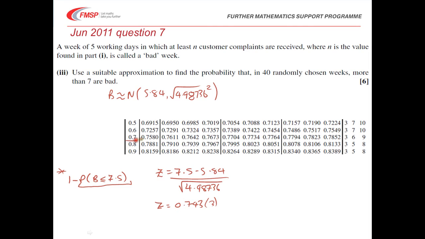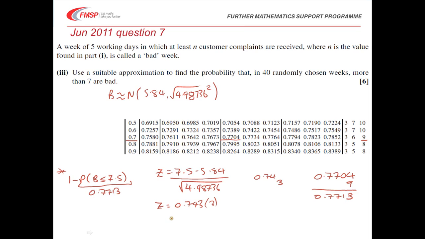Okay, so the 3 we don't need to worry about too much. So we're going to deal with 0.74. So 0.74 will give me a probability of 0.7704, and then I need the additional 3, which means I'm going to add 9 to the final digit, which is going to give me 0.7713. So that's this value here, 0.7713.